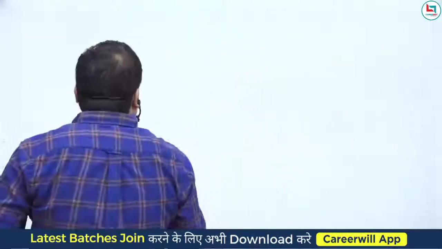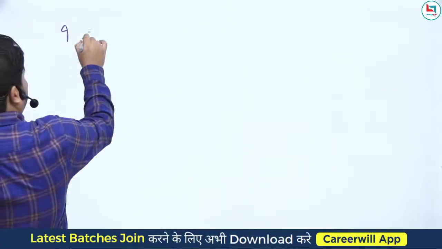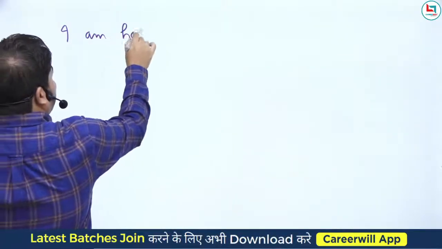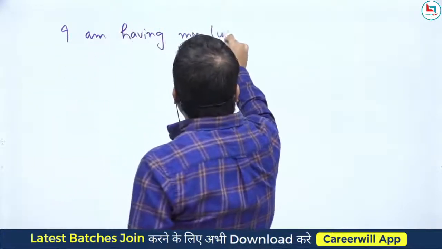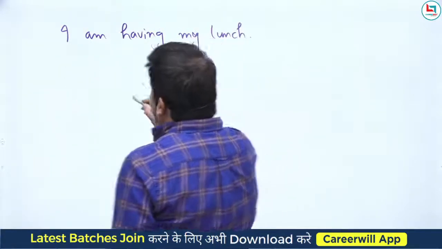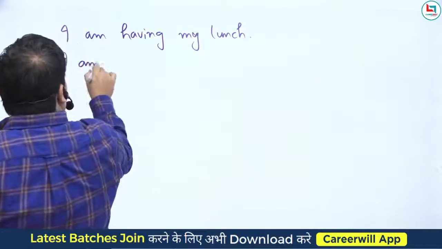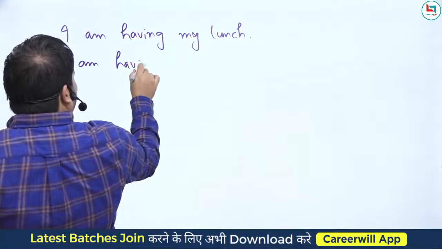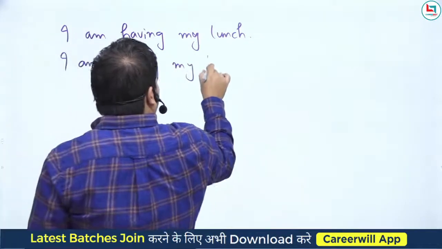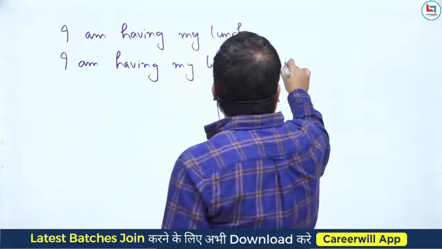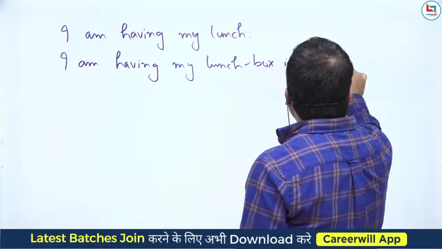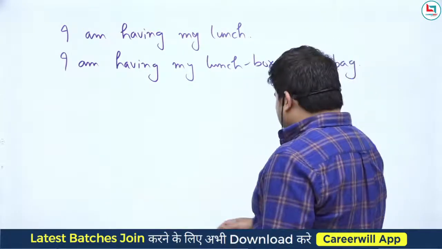For example, if I write like I am having my lunch, so this sentence is absolutely correct. There is no problem. But if I say like, I am having my lunch box in my bag, now this is incorrect.